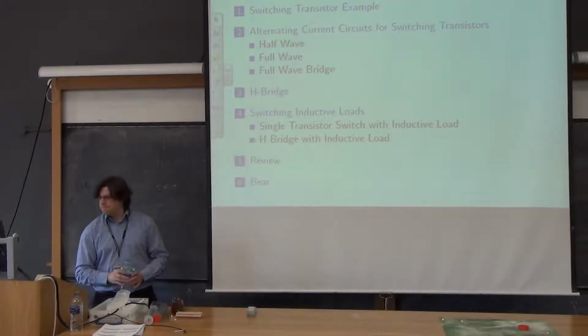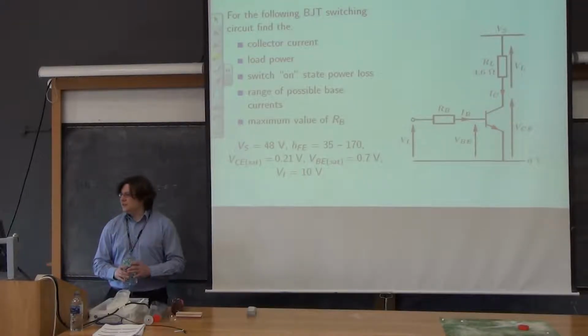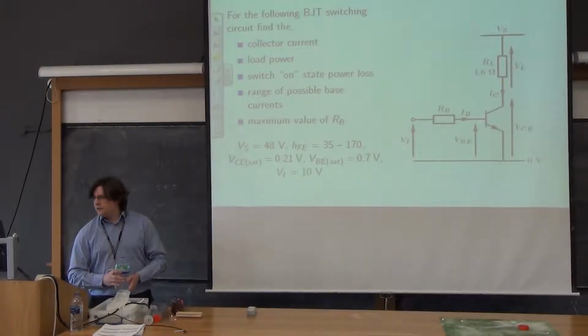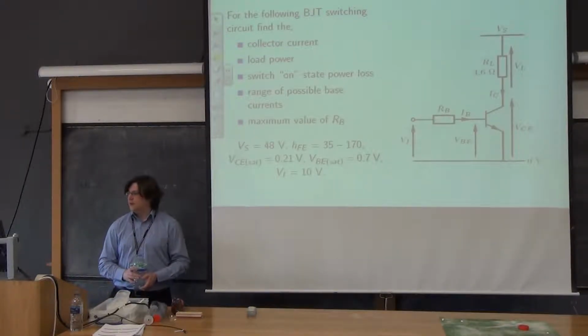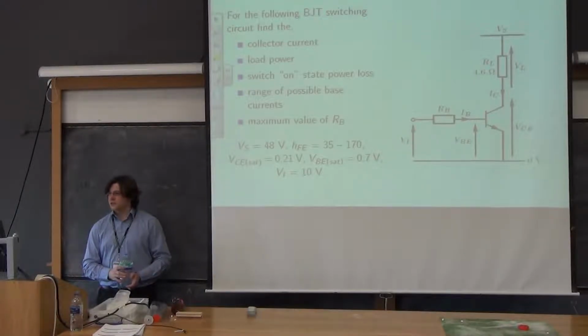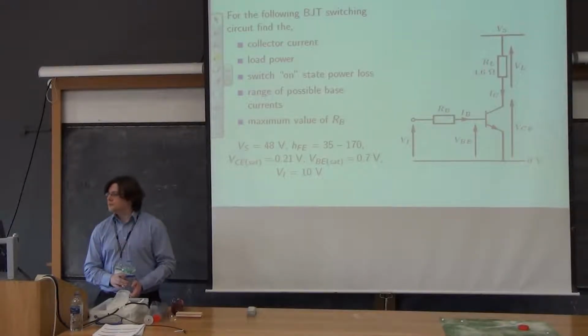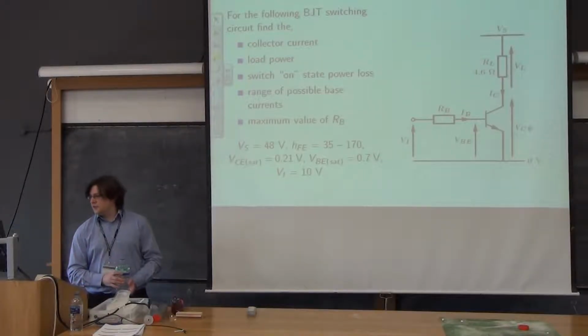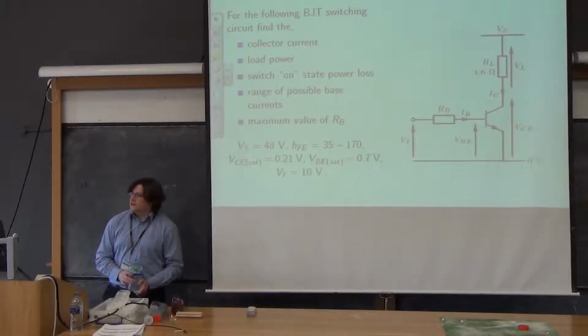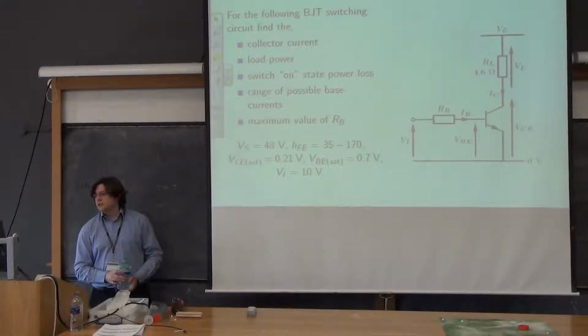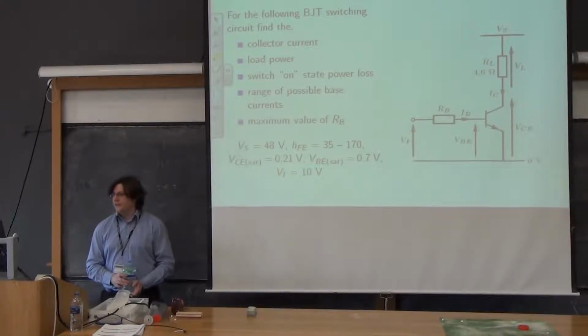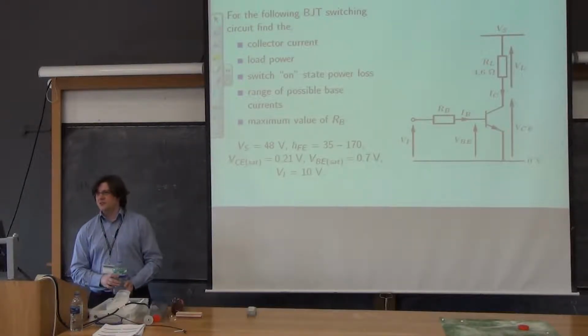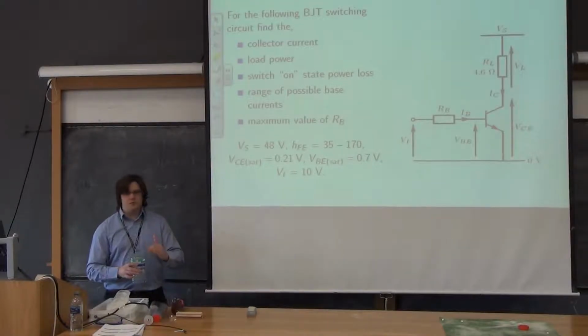and we'll talk a bit about that. So this is, if you've had a look at the problem sheet that I gave out last time, this should be fairly familiar. It's question 1 but with different numbers more or less. So there's a circuit diagram on the right, and it says for the following bipolar transistor switching circuit, find, and then you may take the bullet points as subsections of a question.